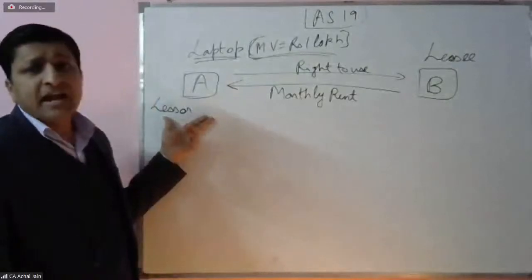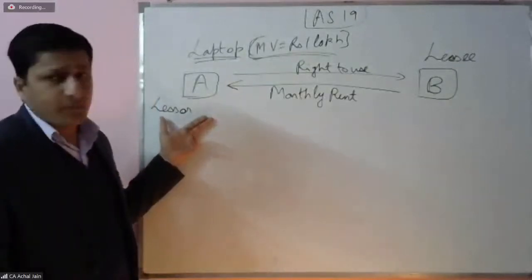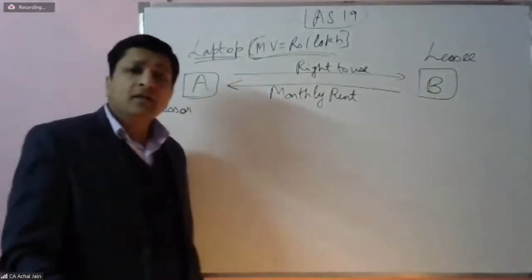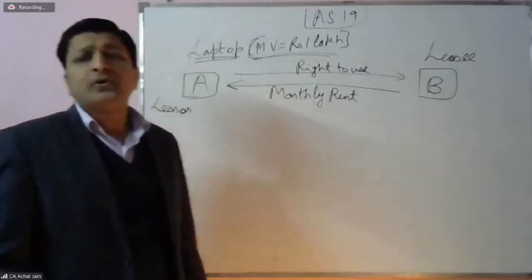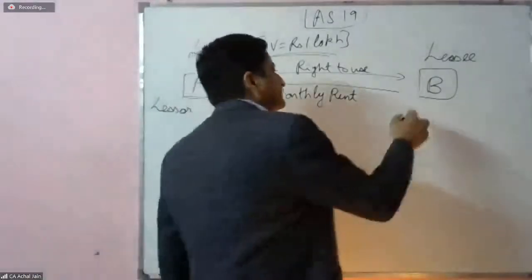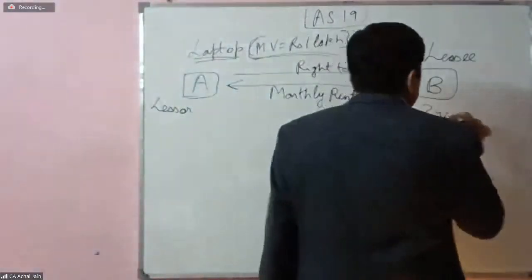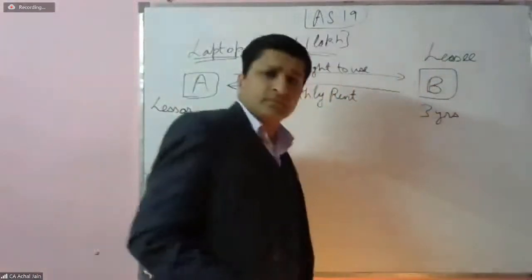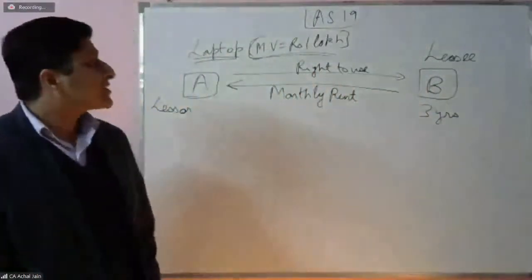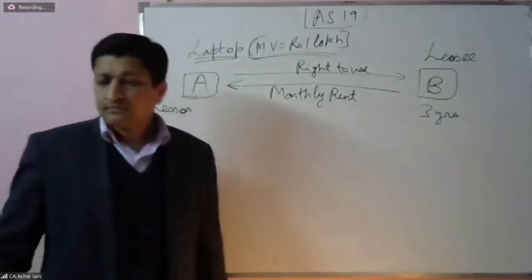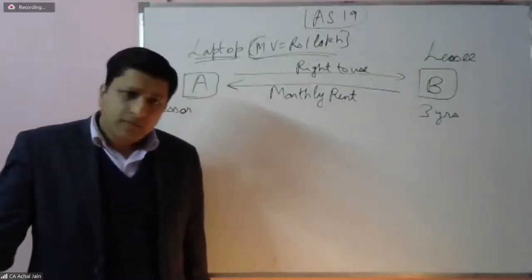B wants to take the laptop on lease from the lessor, from A, but B wants this laptop for 3 years now. B wants this laptop to be used for 3 years.